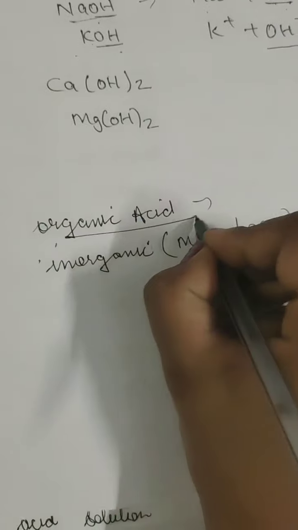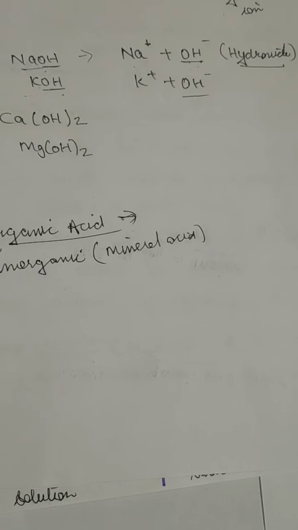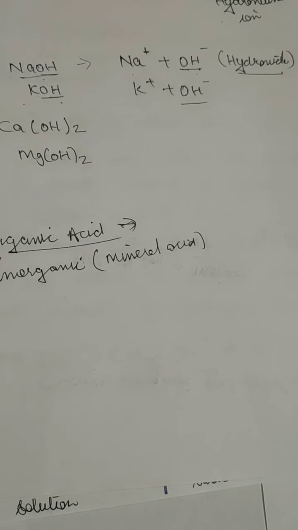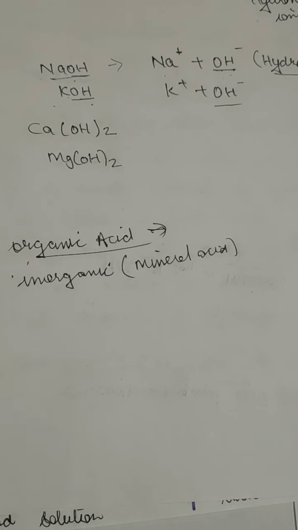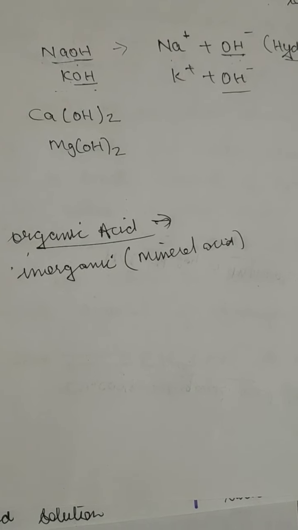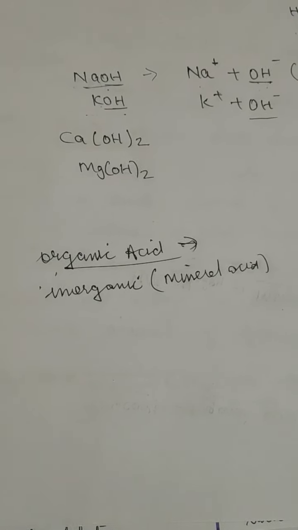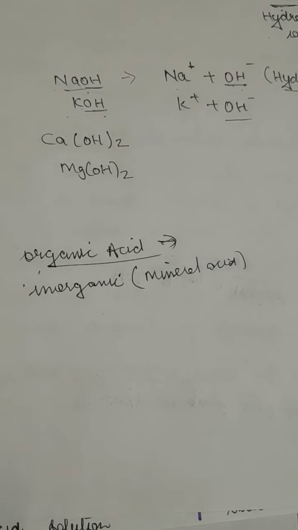Organic acids are those acids which are found in nature, which we don't have to make, which nature already makes. For example, all the citrus fruits have citric acid, curd has lactic acid, and there are formic acid, oxalic acid, abscisic acid. There are a lot more acids which occur in nature.